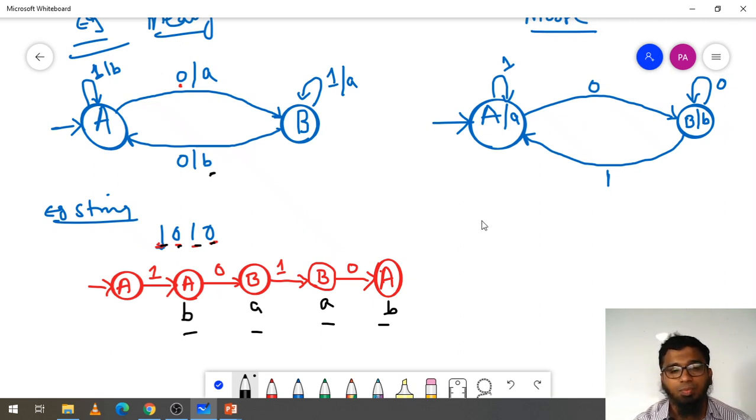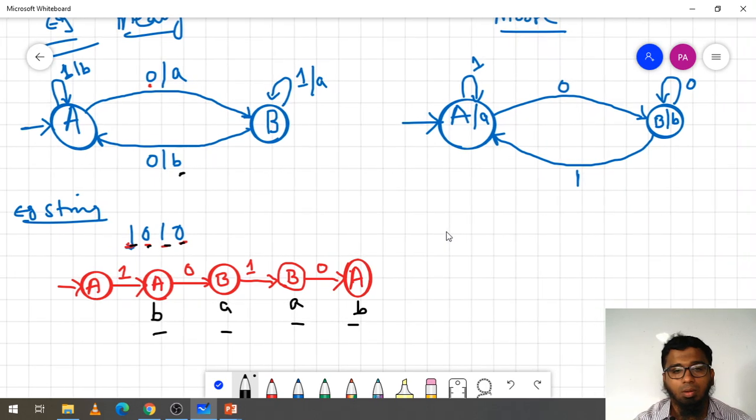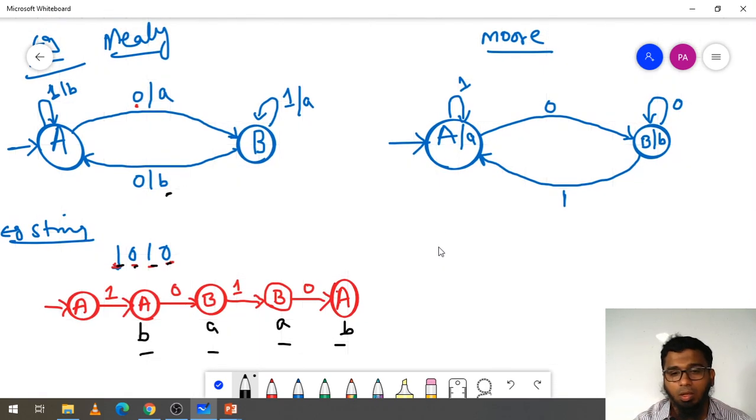Let's see first. The example is 1010, and the initial state here is A. But when taking the initial state, you can see capital A is associated with small a.